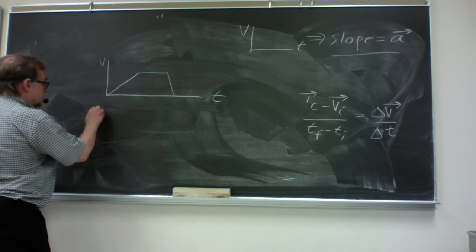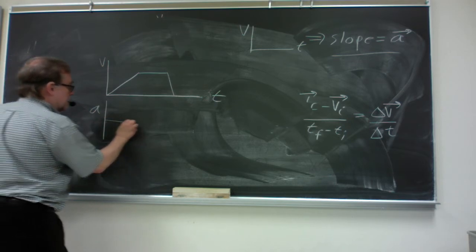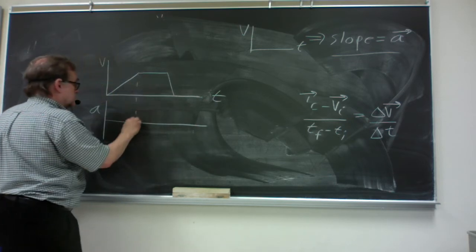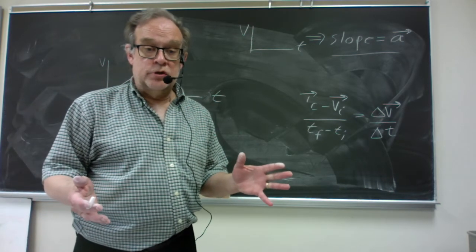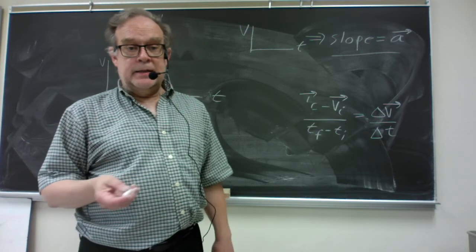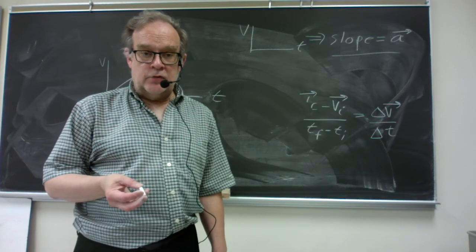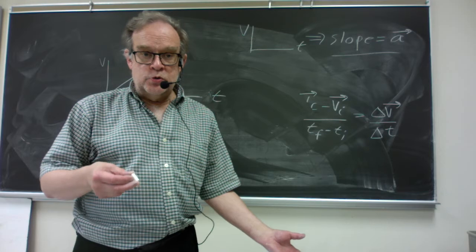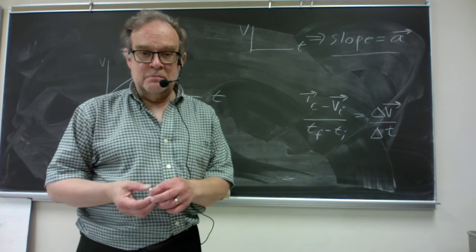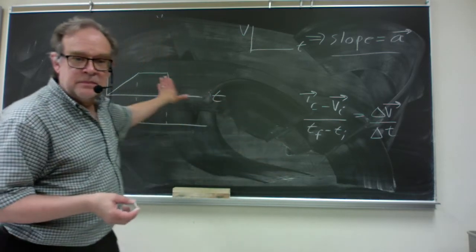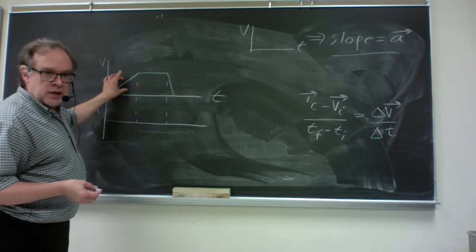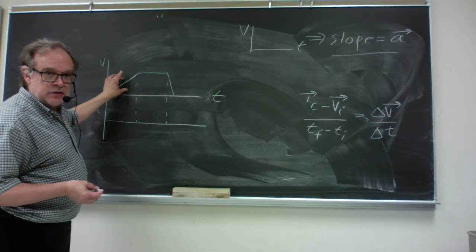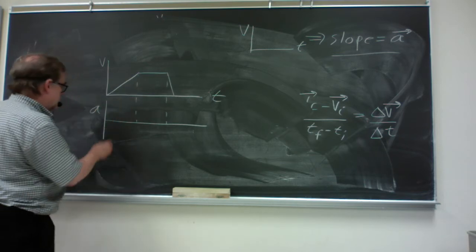What kind of accelerations do we get in that case? I'll divide it up into 3 different time intervals because there are 3 different slopes in that velocity graph. 3 different slopes means 3 different accelerations because slope is acceleration in a velocity versus time graph. Well, here, during the first time interval, you've got a constant and positive slope, which means constant and positive acceleration.